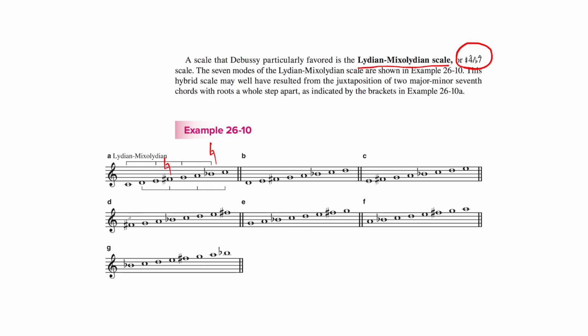But there's another characteristic of the scale. If you take these notes, this is a major-minor 7th, aka dominant 7th, this is C7 in this case, and the tones between them construct a D dominant 7th chord.